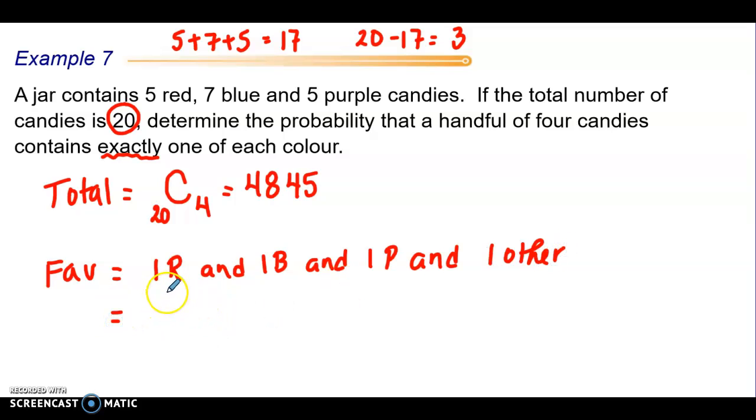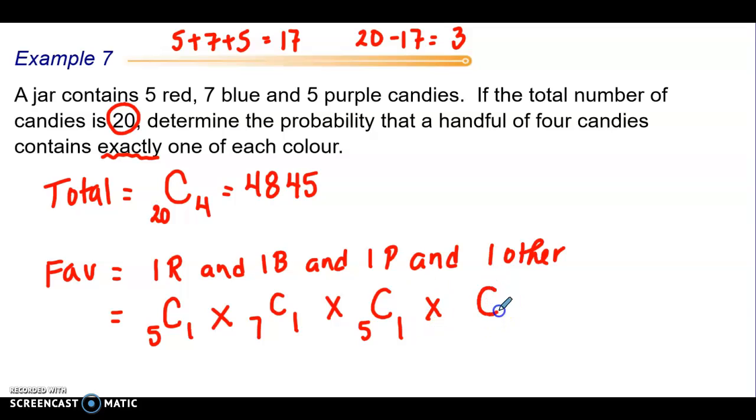The number of ways to choose 1 red is 5C1. And so we multiply. There are 7 blue, so 7C1. And multiply again. To pick 1 purple candy, it is 5C1.